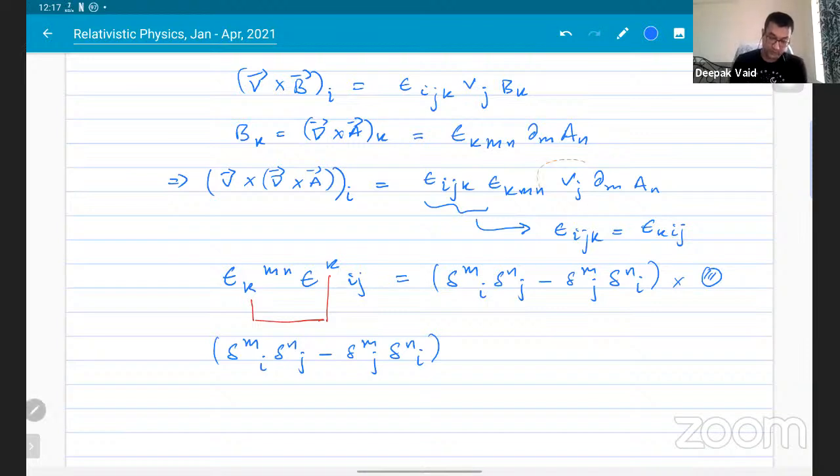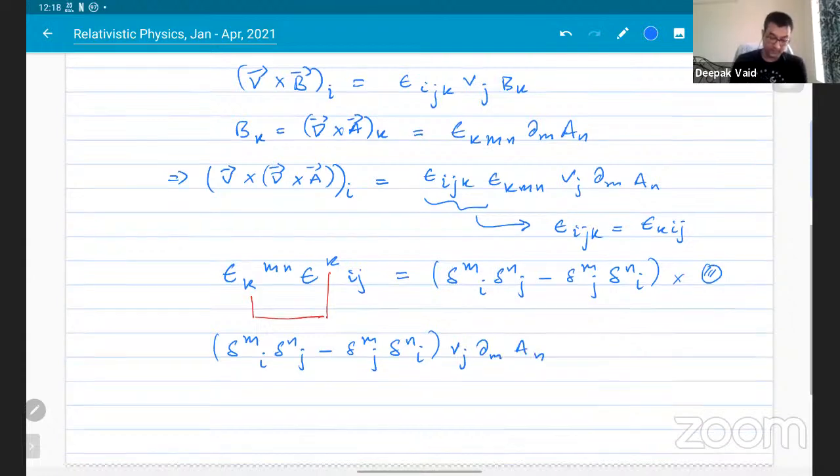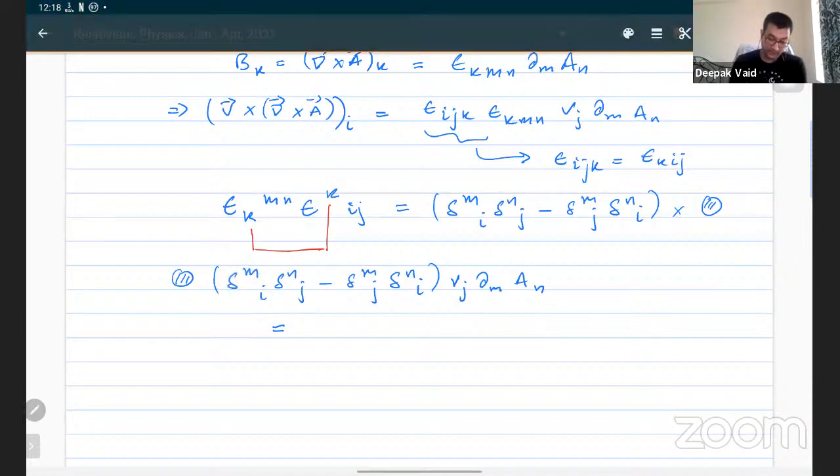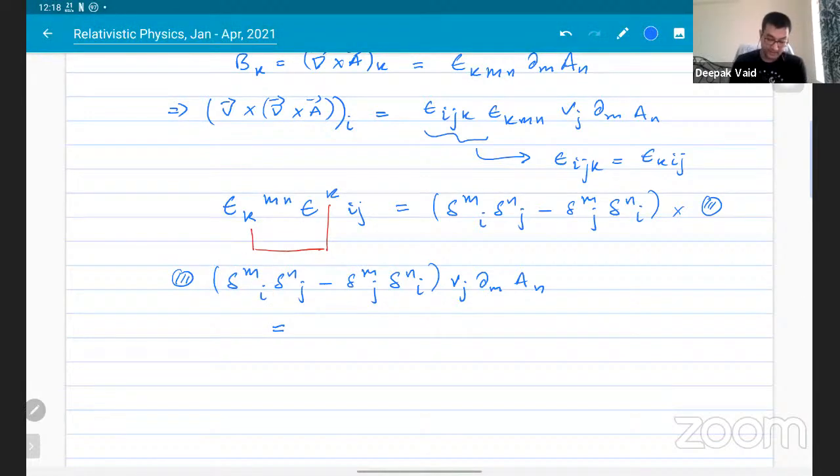And then we put the rest of this expression in here, V_j d_m a_n. Okay, and it's understood that wherever there's a repeated index, you have a contraction. And like I said, there is some factor which we will check. Okay, so now if you contract these terms, the first term, delta_m, the contraction is easy.